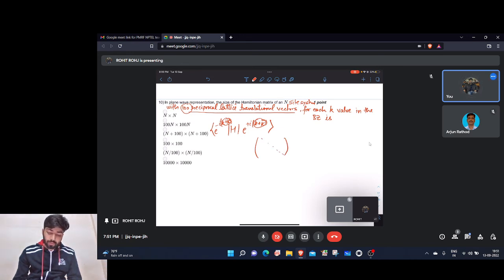So 100 reciprocal lattice vectors would contain 100 columns and 100 rows, and the size would be 100 cross 100. Therefore we have 100 cross 100 as our correct option.